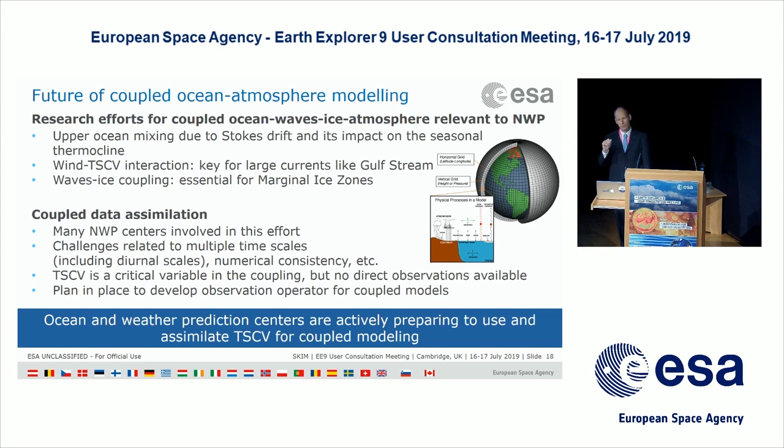So in future as well, the ice-free Arctic is expected to have major implications for European and global weather. But all of these efforts lack any observations of the total surface current. And that's needed to understand how these wind, wave, and current interactions that are included in the models work, to actually verify these approaches and challenge these models, and SKIM will provide this.